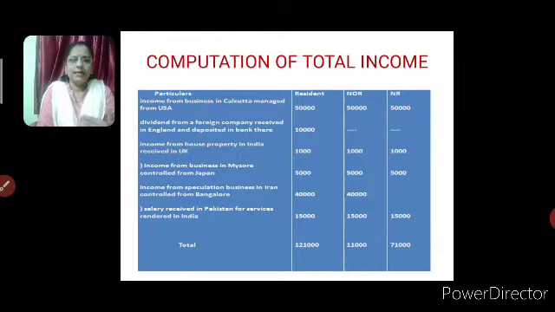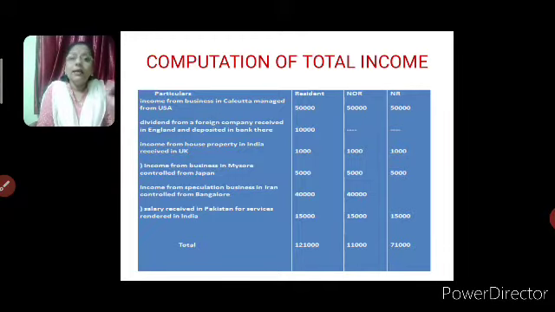Then next, dividend from a foreign company received in England and deposited in bank there. Students, understand what they have given here: dividend from a foreign company. Remember, dividend from an Indian company is exempted from tax under section 10(34), whereas dividend from any foreign company is liable to tax.